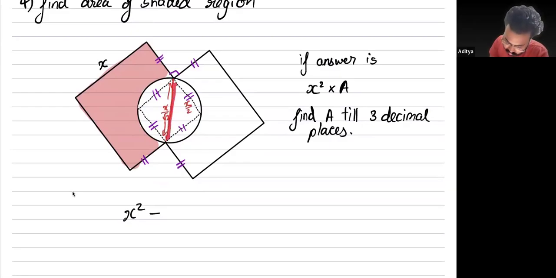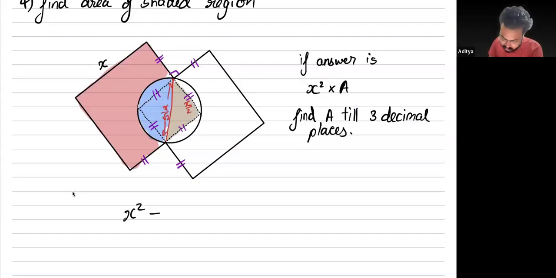So you have two of these regions. From this large square, you can remove this green shaded region. Okay, it's too light. Let's take it brown. This brown region can be removed as well as this blue region, which is the entire semicircle. Right.